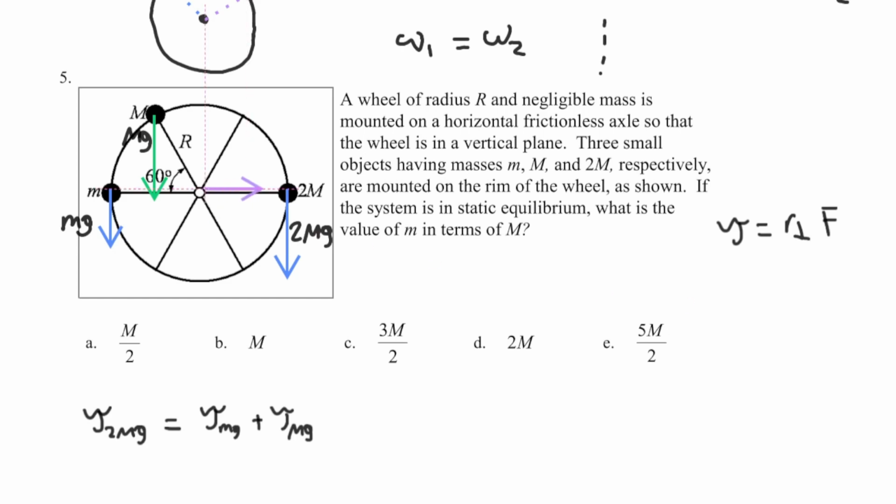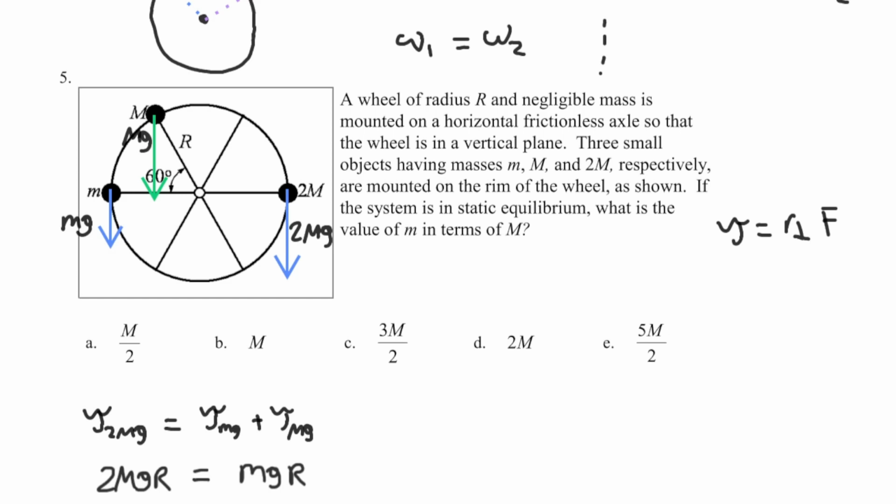So it's perpendicular for these masses directly on the axis. So for the 2mg, the torque is just going to be 2mg times r. And the same thing for the little mg, it's just going to be mg times r, because the line of action is exactly perpendicular to the distance.